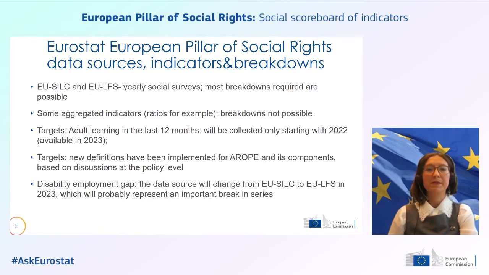It also depends a bit, sometimes there are data limitations, but in general, you can have the same information for different age groups, for males and females, for people born in the EU or born outside of the EU, for people with limitations in activity or not, for people living in urban or rural areas, for people living in different regions.